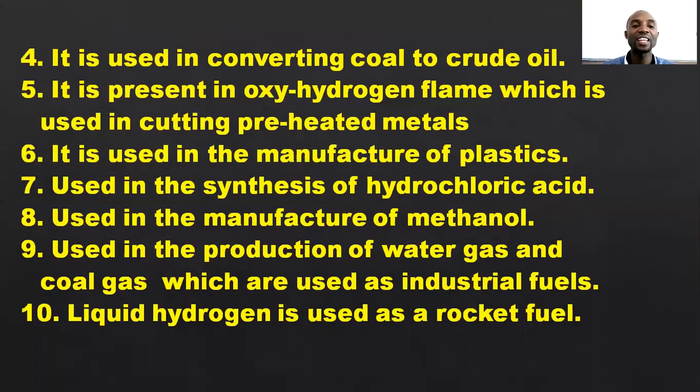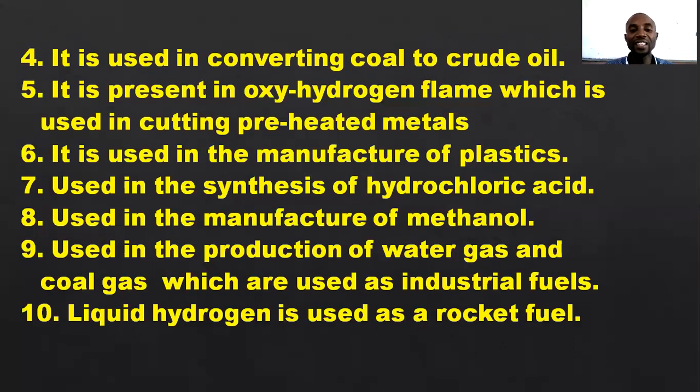Number 4 is that it is used in converting coal to crude oil. Number 5, it is used in the oxy-hydrogen flame, which is used in cutting preheated metal, because it is present in the high-temperature oxy-hydrogen flame. Number 6, it is used in the manufacture of plastic.